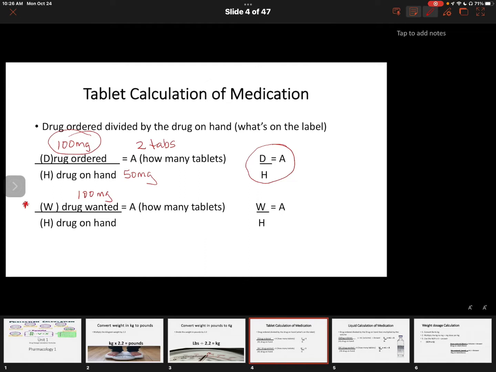The drug wanted is represented by W. The drug on hand is represented by H. It's 50 milligrams. So again, we take 100 milligrams, we divide it by 50. Our answer is 2. So it could be 2 tablets, it could be 2 capsules, whatever form of oral medicine that we have. And this formula is written W over H equals A.